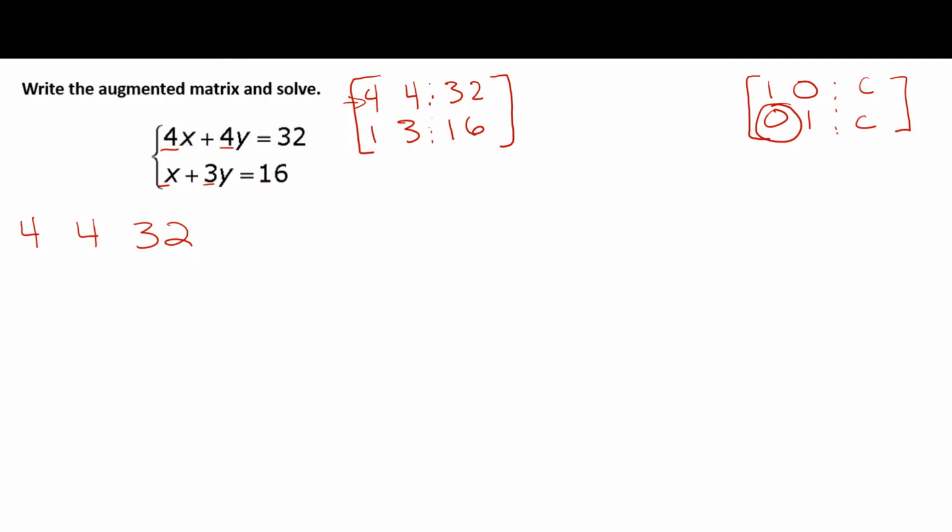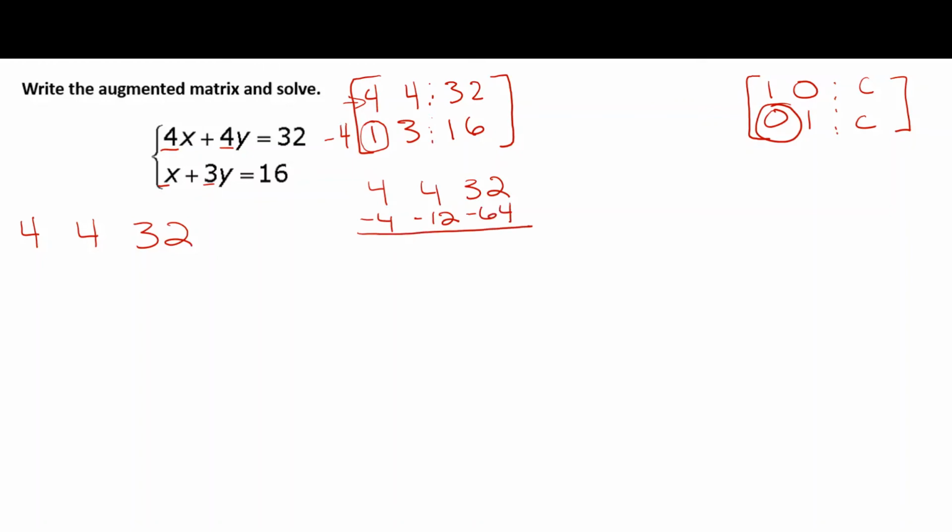All right, now I want to figure out what can I multiply the two by, add them together, and end up getting 0 here. Well, I can see if I multiply everything on the bottom by negative 4, we will have on the top row 4, 4, 32, and on the bottom row would be negative 4, negative 12, and negative 64.